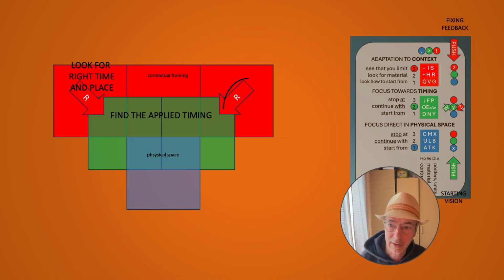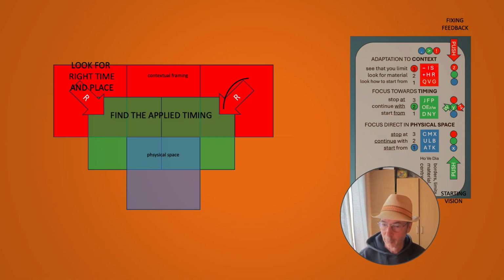The letter R you can read also from the scheme. You see it here, it's looking for material in the third position, so it's looking for material at the borders, at the limit, so where the material is going. It is related with context, so it is defining its definition, how it works, and it will look for that context in the right time and space.